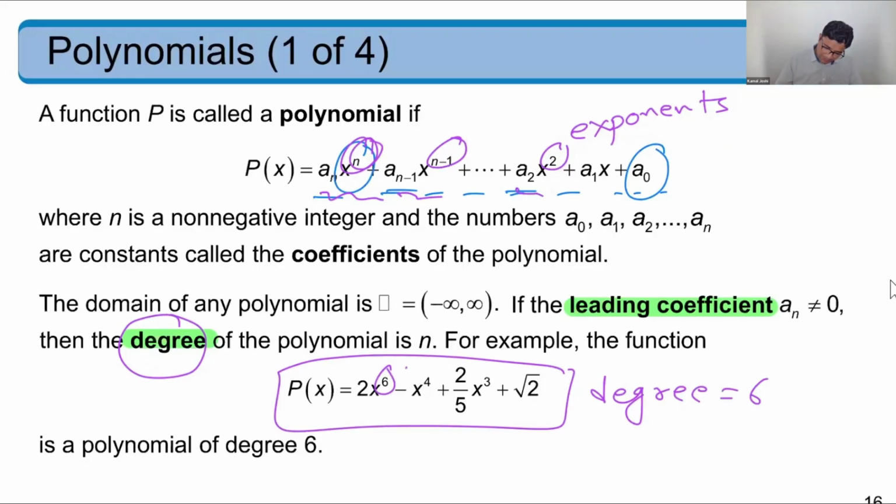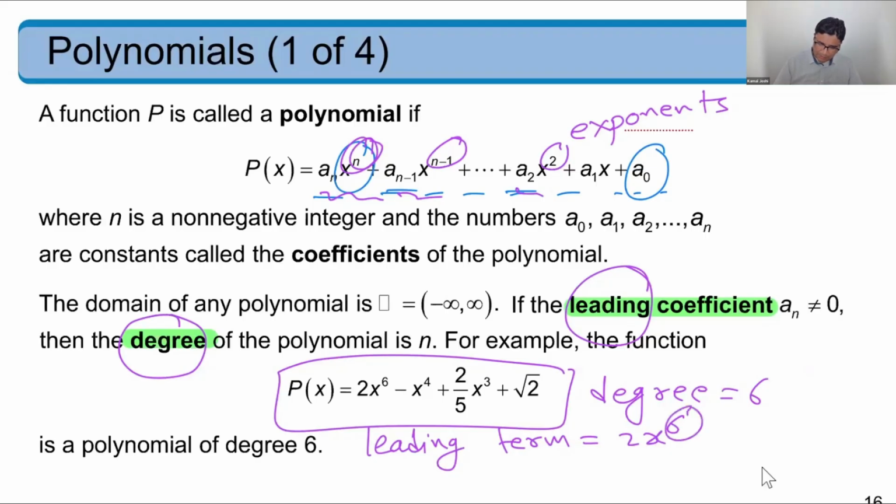And the term which has that highest degree is called the leading term. So I'll erase some stuff here and rewrite. In this example polynomial, the leading term is that 2x to the 6, the highest degree term. And in that term, 6 is the degree of the polynomial.